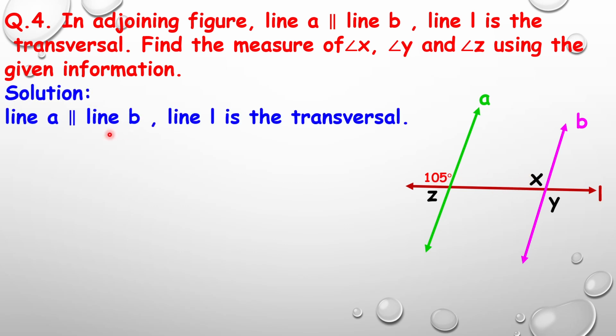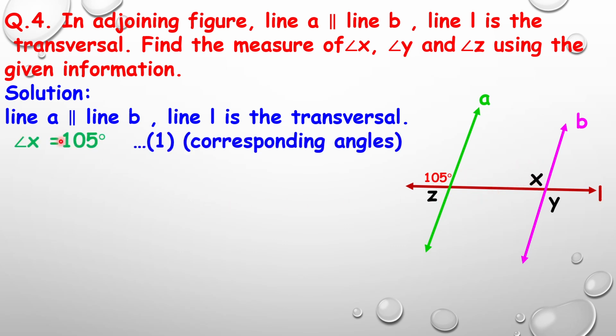What is the relation between angle 105 and X? Line A is parallel to line B and line L is the transversal. 105 and X are a pair of corresponding angles. Therefore, angle X is equal to 105.